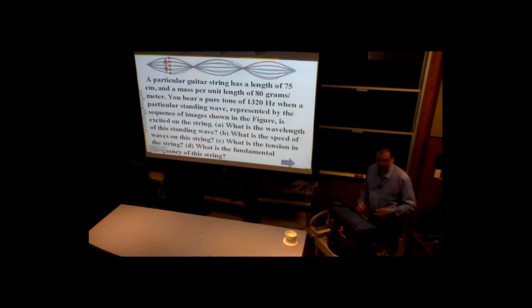We don't really need all of them, we just need one to figure out, for example, what mode you see. So this profile is the mode number, the harmonic. If you want to say something, just say it. 3. How do I know?